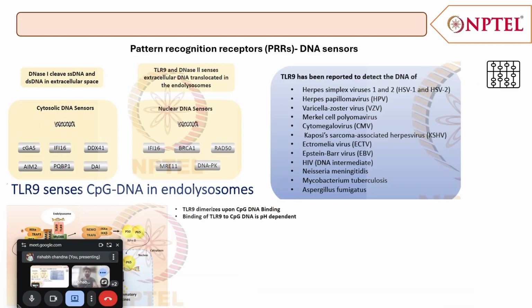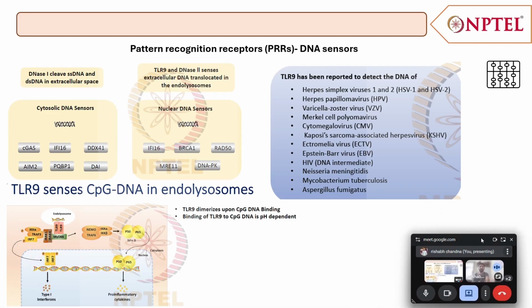Okay, now we'll go a bit deeper into the signaling and how different DNA sensors recognize this DNA. We have TLR9 and the DNase complex that recognizes those DNAs and cleaves them. DNase1 cleaves single stranded DNA and double stranded DNA in extracellular space, and the cytosolic DNA sensors are cGAS, IFI16, DDX41, AIM2, PQBP1, and DAI.